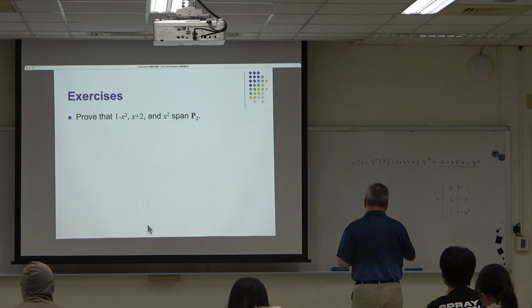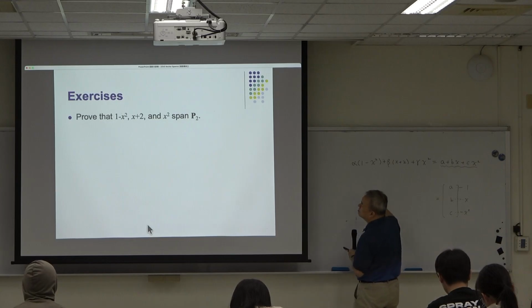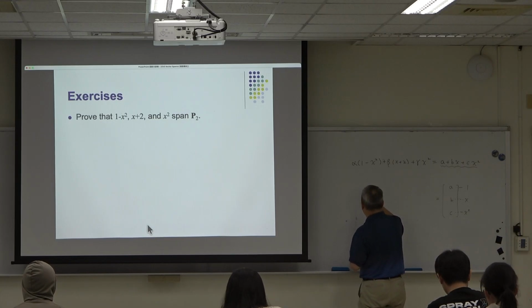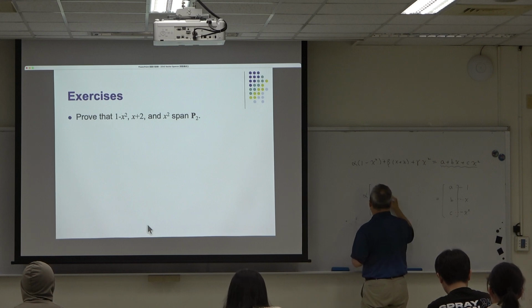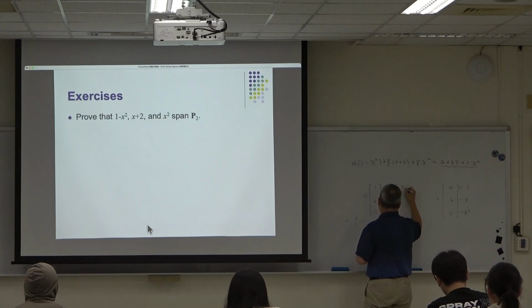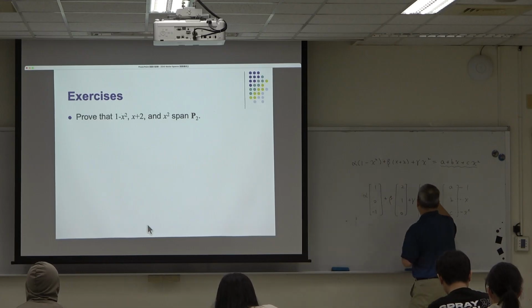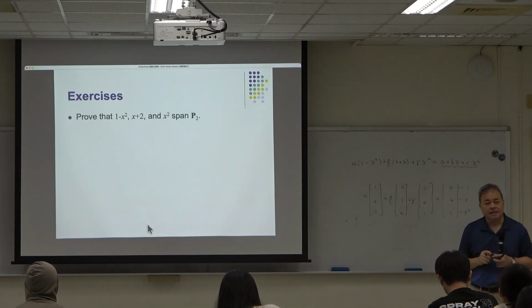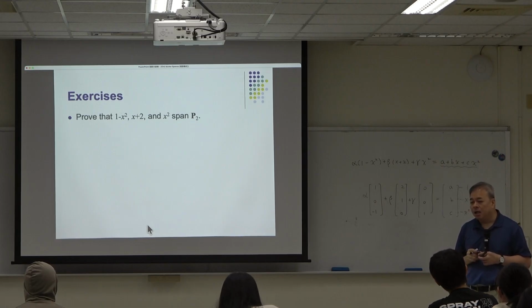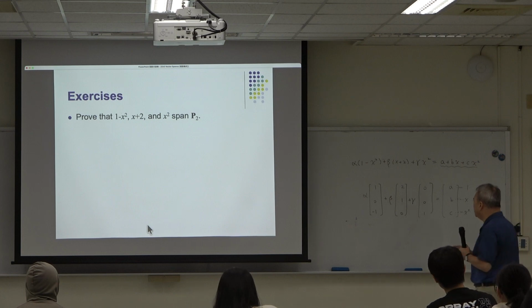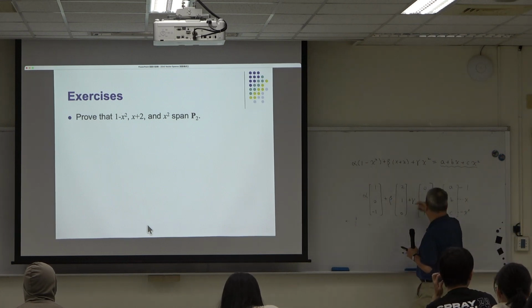So it's going to be alpha. You try to represent each of these like what we have here.